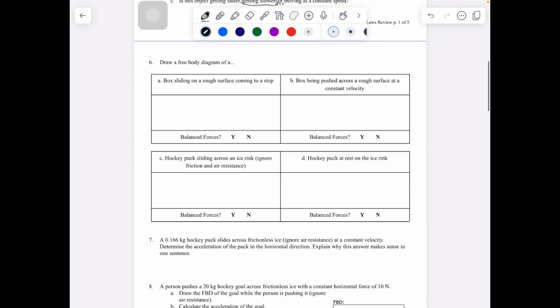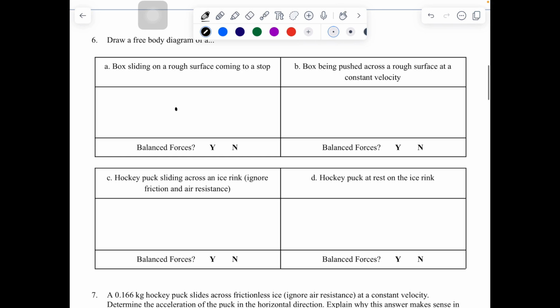Alright, on to our next page. Draw a free body diagram of a box sliding on a rough surface coming to a stop. Alright, lovely. Let's go ahead and do that. Here's our dot. It is on Earth, so let's draw in a force of gravity. It is on a surface, so there's a normal force.